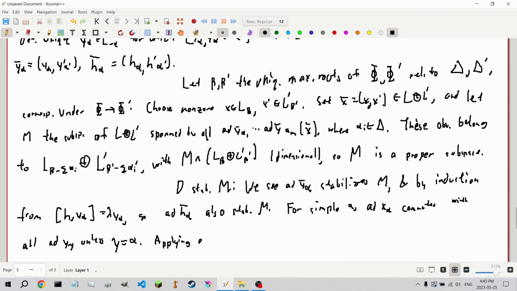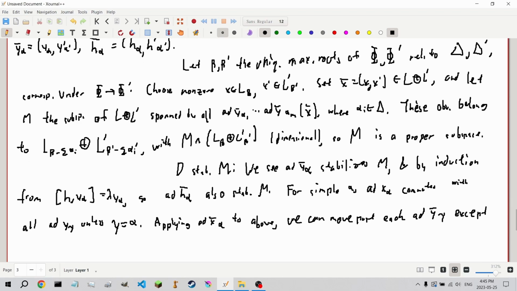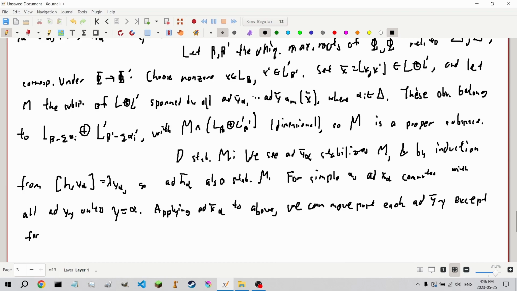Applying the adjoints of our X bar alpha to the above, and by that I mean M is a subspace spanned by these collections of adjoints on X bar. If we apply these to that, we can just move it past each adjoint of Y bar gamma except for our adjoint of Y bar alpha, not gamma bar alpha, although my writing's probably not too easy to differentiate between the two.